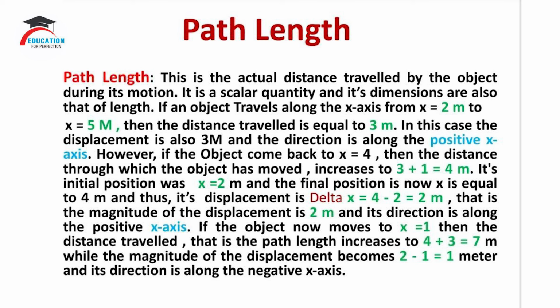However, if the object comes back to x equal to 4, then the distance through which the object has moved increases to 3 plus 1, which is equal to 4 meters.